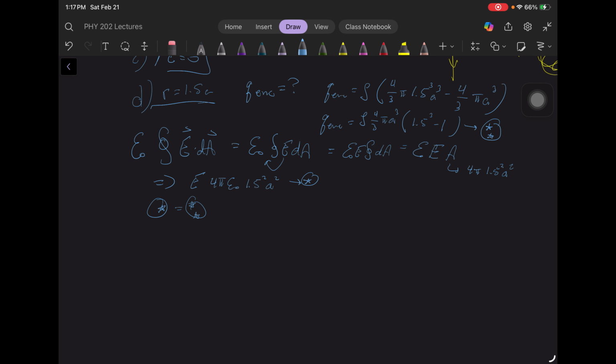Okay, so E times 4 pi epsilon naught 1.5 squared a squared is equal to double star, so we have rho over 4/3 pi a cubed times (1.5 cubed minus 1). Let's clean this up a little bit. 4 pi, a squared, can get rid of the cube.